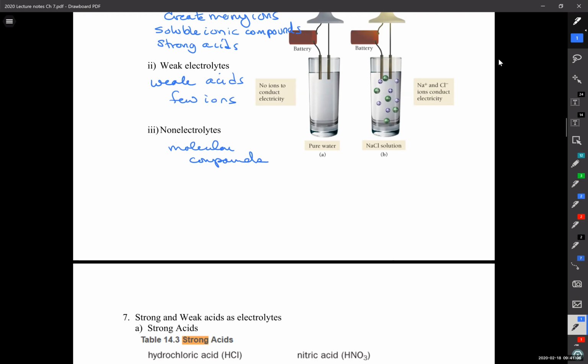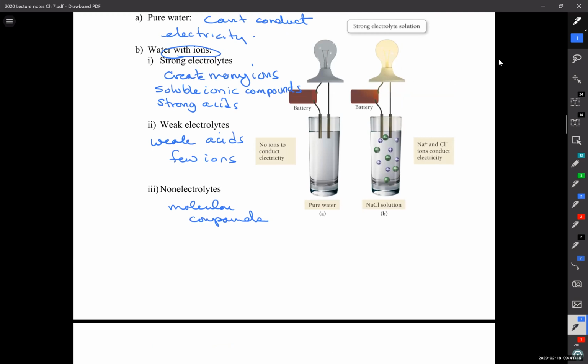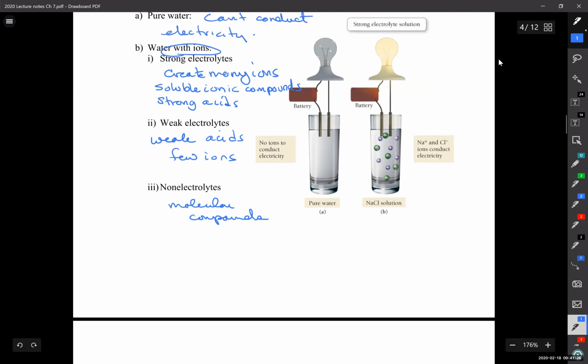If you did the same experiment, you put sugar and you stirred it around, you wouldn't get any light in the light bulb. What do you think you would see for a weak electrolyte in terms of the light bulb behavior? It'll just be dimmer, somewhere in between. A weak electrolyte would produce something in between those two images.